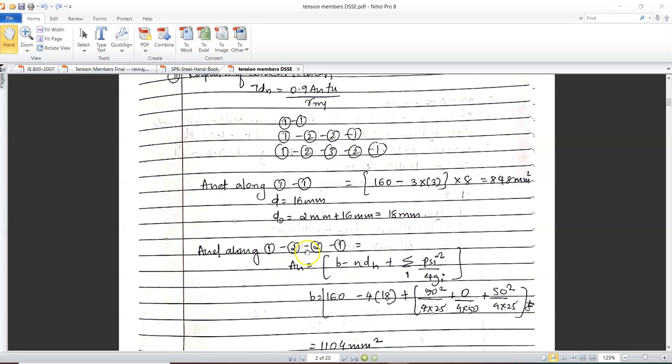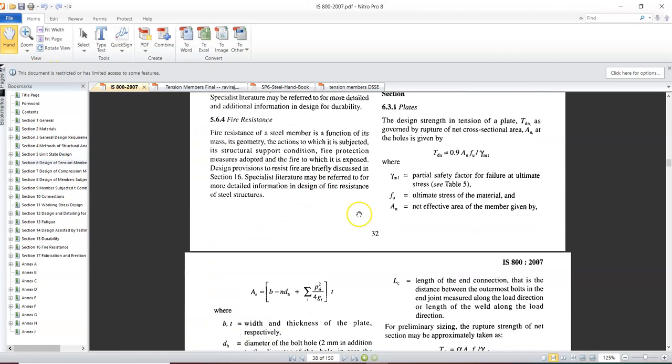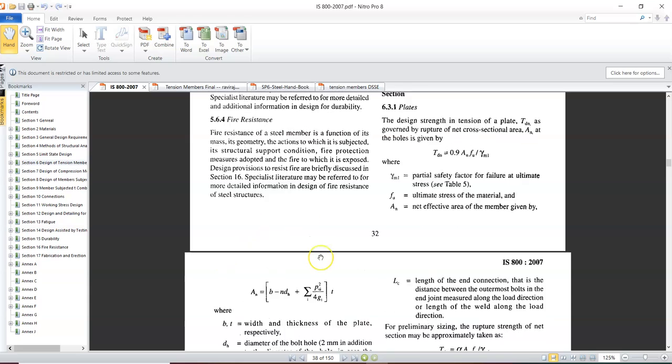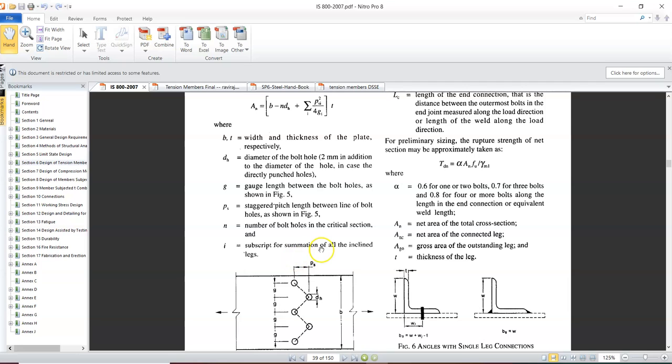Now coming to section 1-2-2-1. For this you have to use the formula given in IS 800, on page number 33. When you are calculating net area not along a straight line but along a staggered line, we have to use this formula.